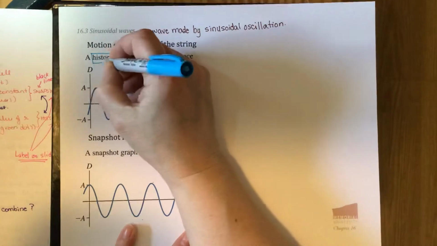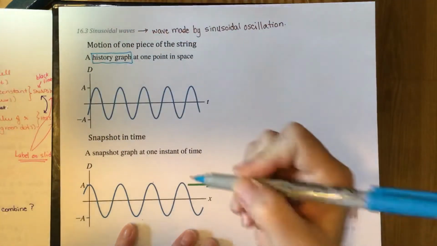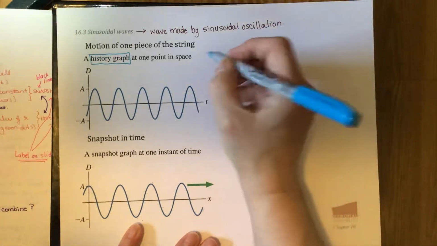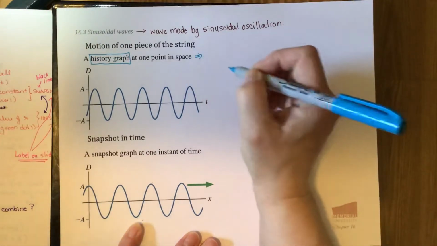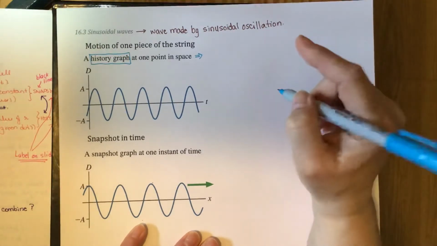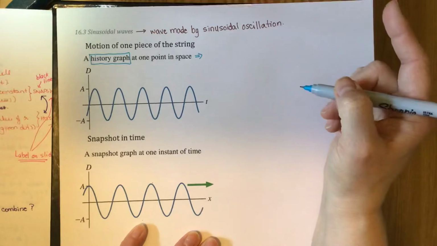And remember, the history graph is when we looked at one green dot and asked what did that do over time. So a single green dot over time will move with simple harmonic motion because the source moves with simple harmonic motion.